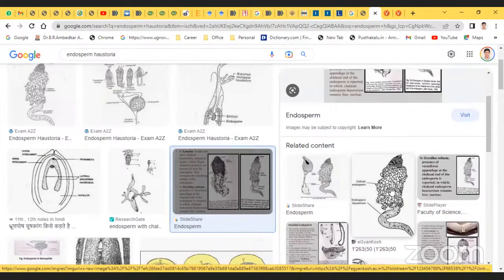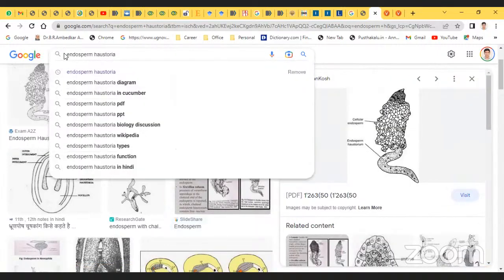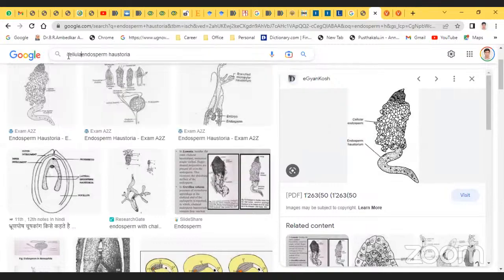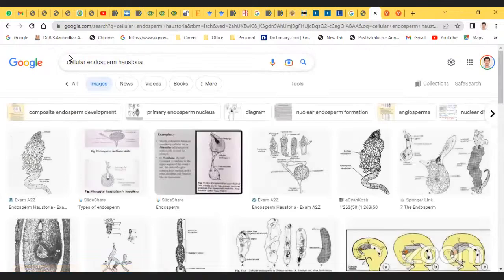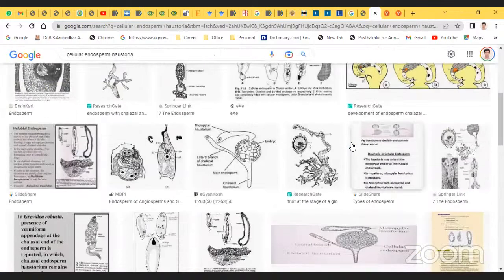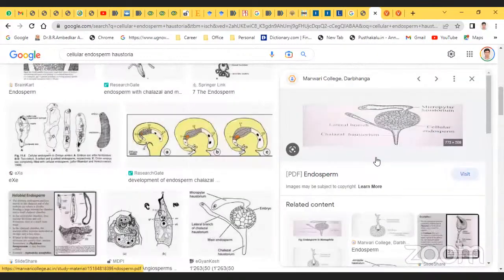Okay, this one also. So next, these are the cellular endosperm haustoria.